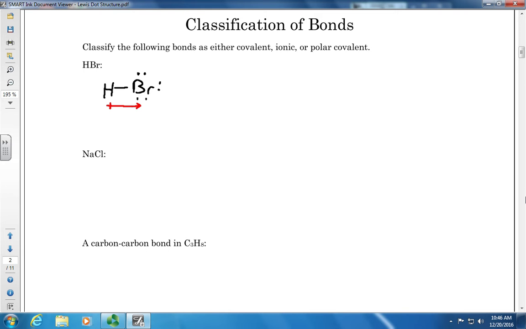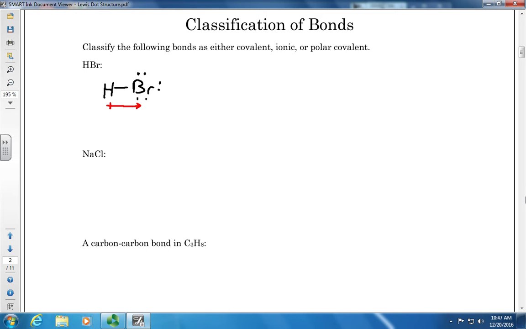Now, our next one is sodium chloride, NaCl. And if you remember back from chapter 2 or 3, sodium chloride is a metal and a nonmetal, so it's ionic. So this is relatively easy to identify.